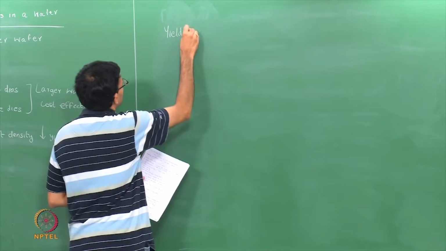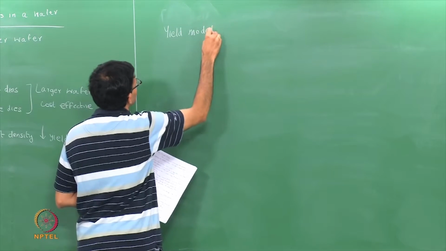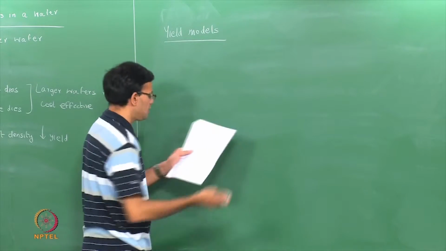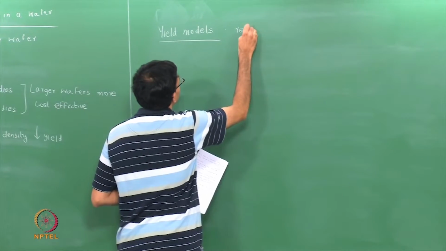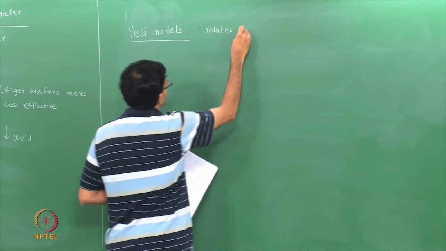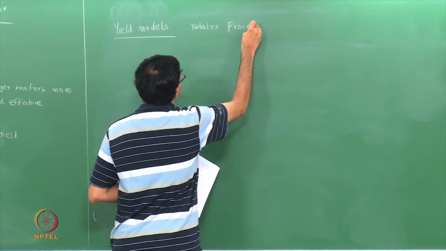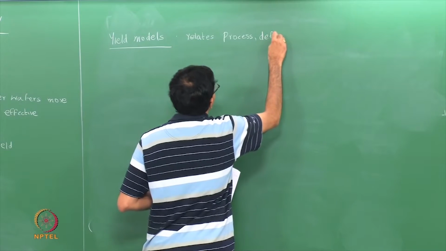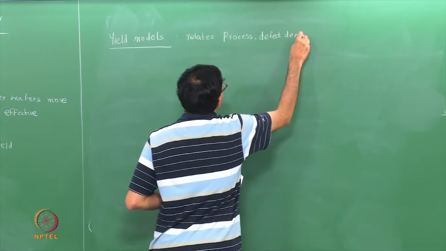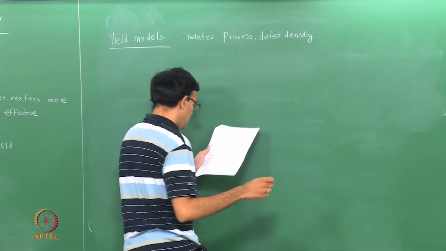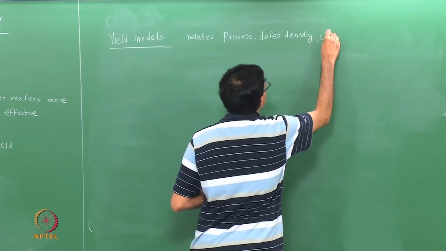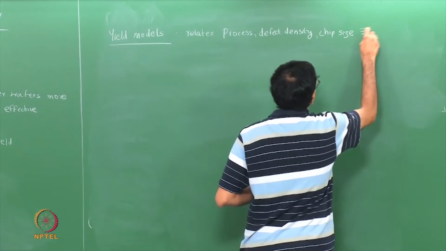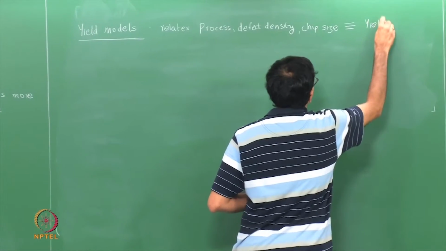A yield model basically relates the process, so the number of processing steps, the defect density, and the chip size to the yield of the process.